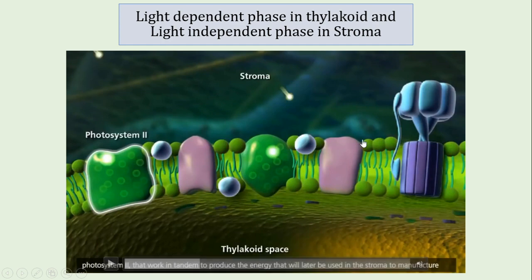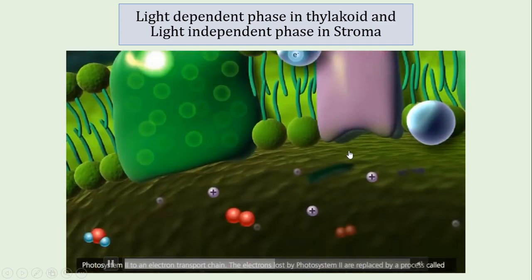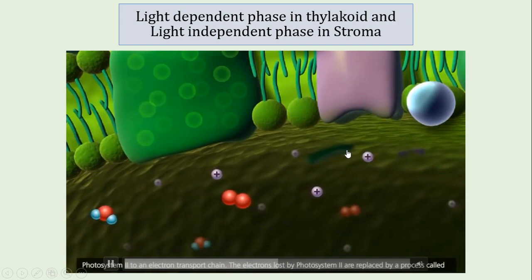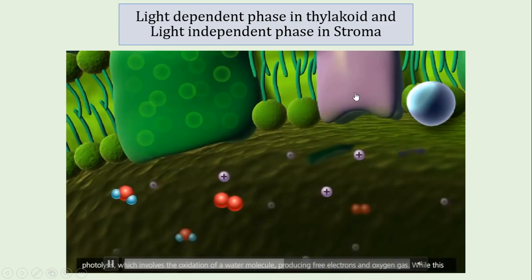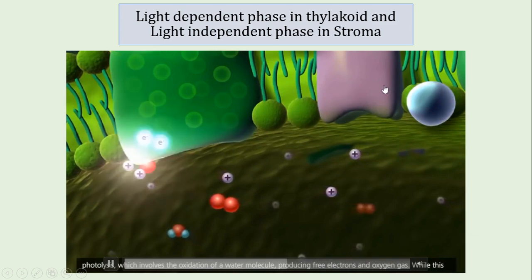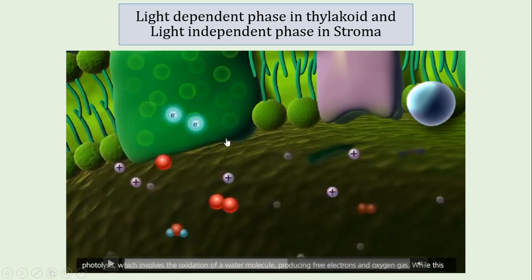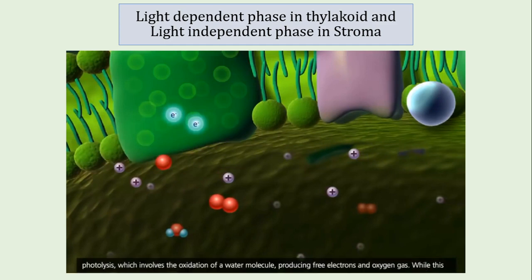Now we will see how the chlorophyll breaks down water to produce oxygen, electrons and protons. The electrons lost by photosystem 2 are replaced by a process called photolysis, which involves the oxidation of a water molecule producing free electrons. Water molecules come to the chlorophyll, and using the light energy, the chlorophyll breaks down the water molecule into 2 protons, 2 electrons and 1 oxygen atom.